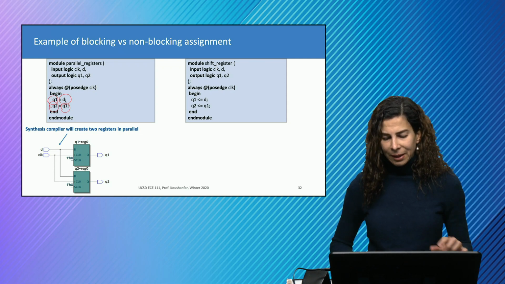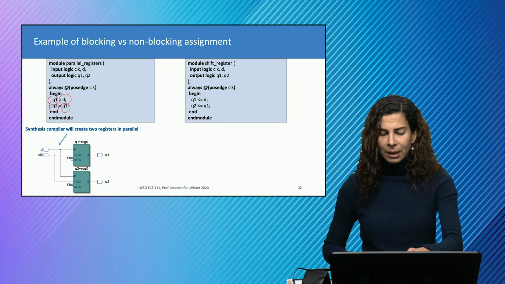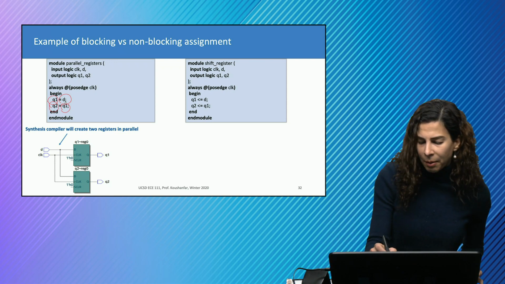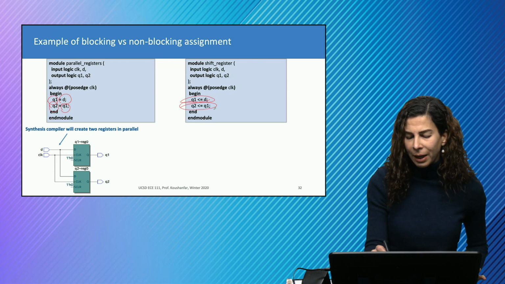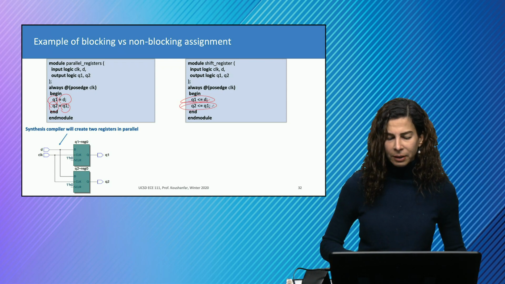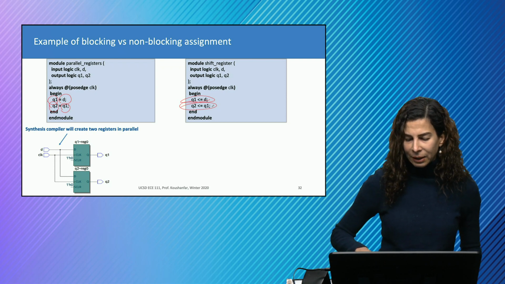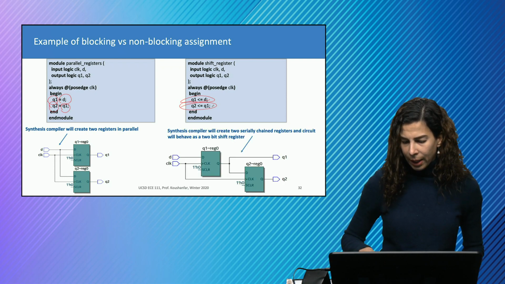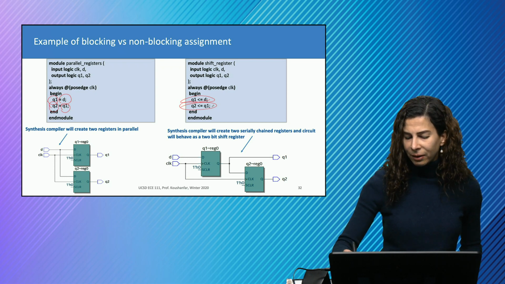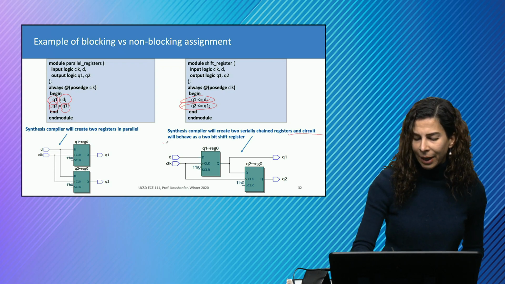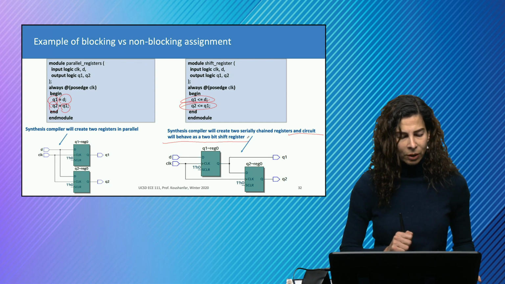But in this case, where you are assigning to a proper register value, and your naming implies that these are kind of concurrent, it will synthesize this to two serially chained registers and a circuit that behaves as a 2-bit shift register.